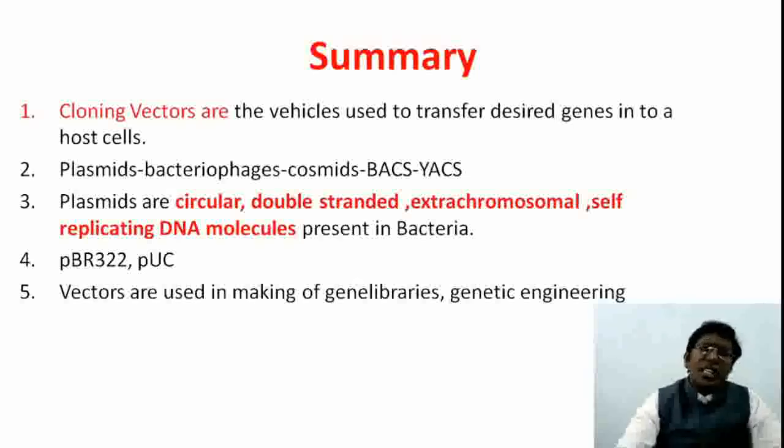We also studied the pUC plasmid, and we studied the uses of cloning vectors in gene cloning, DNA library making, genetic engineering, and vaccine production. Likewise, there are many uses for cloning vectors.